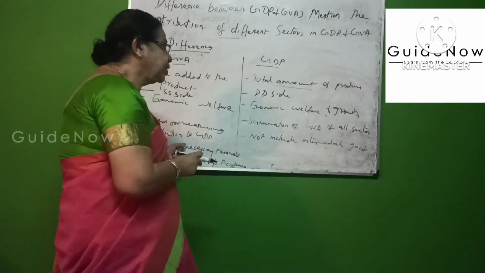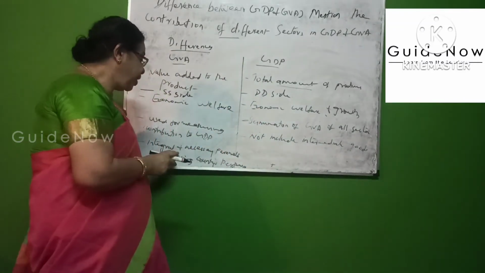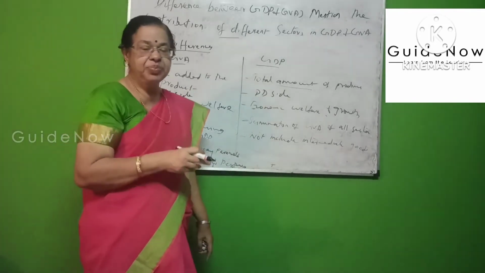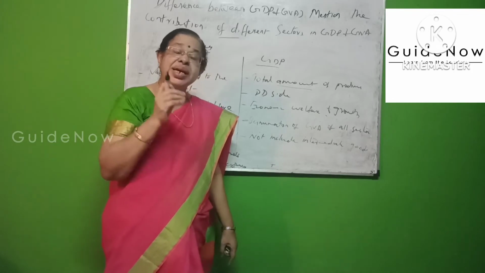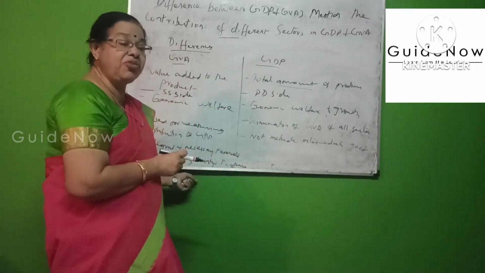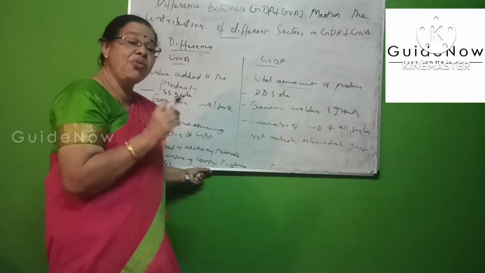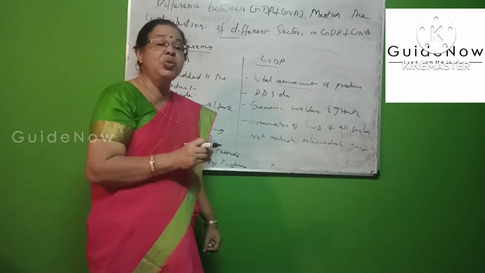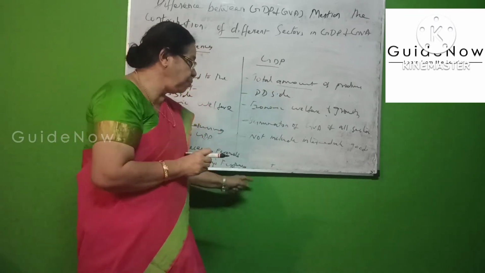And next is that GVA is considered an integral and necessary parameter for measuring a country's performance. It is mainly used as an integral and necessary parameter for measuring one country's economic performance.